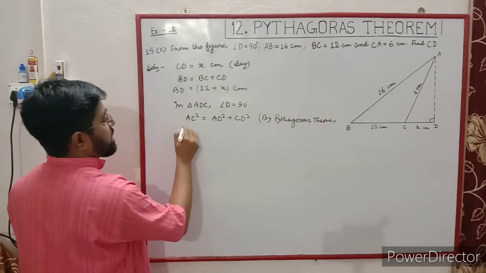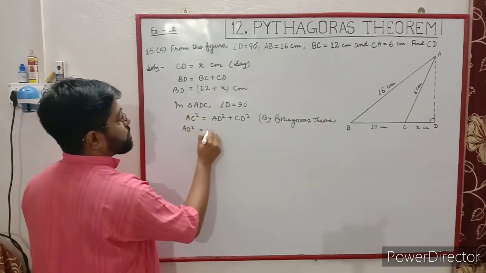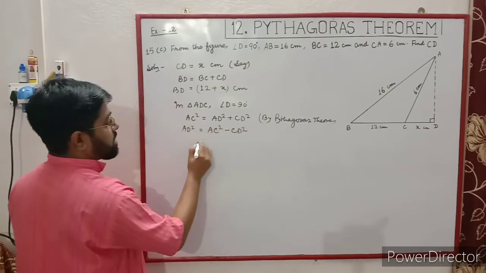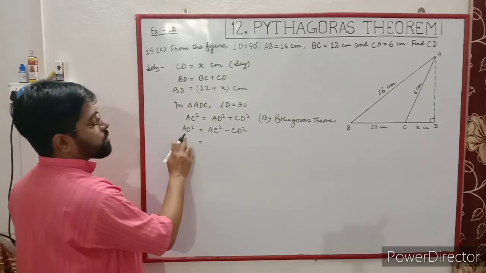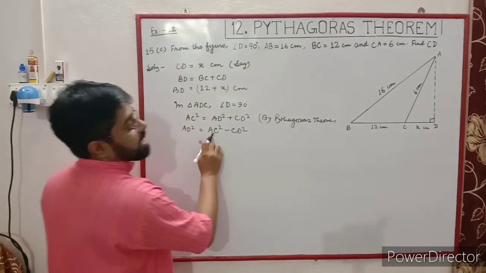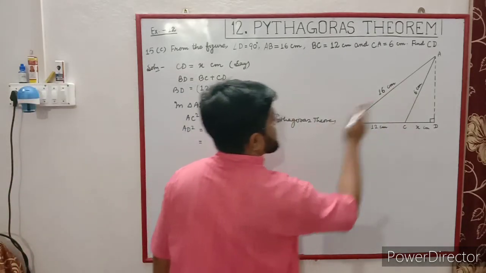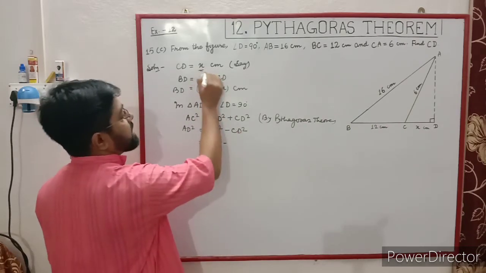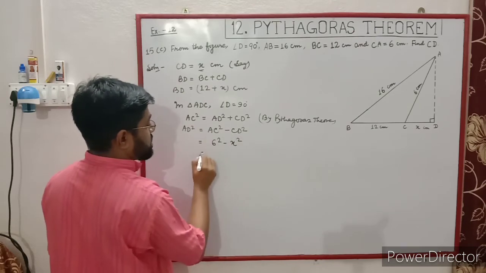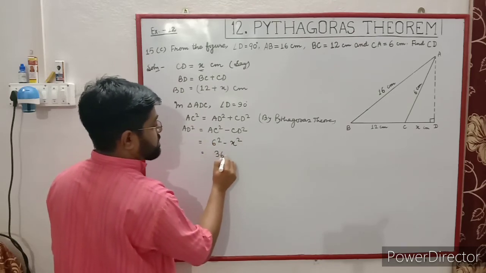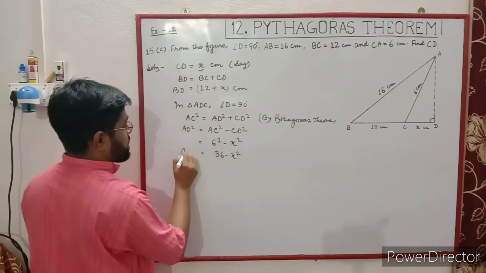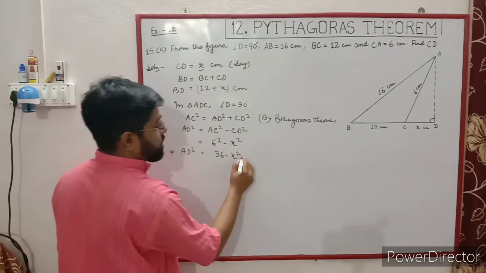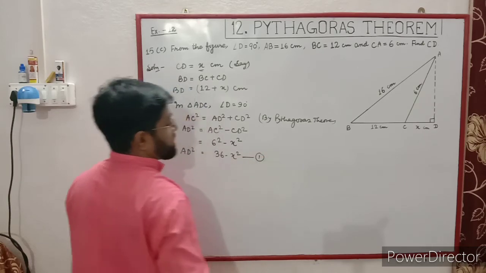Now AD square is equal to AC square minus CD square. AC is given 6 centimeter, CD is given x. So 6 square becomes 36 minus x square. So AD square is equal to 36 minus x square. We assume this equation number first.